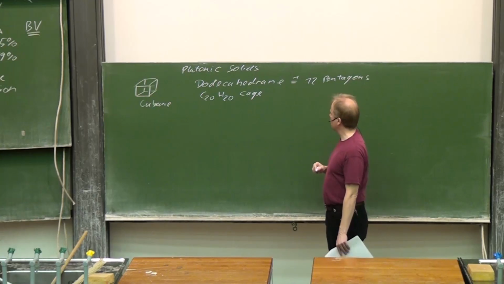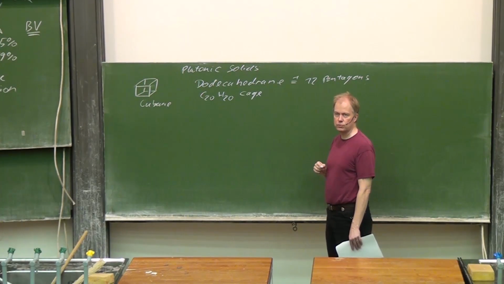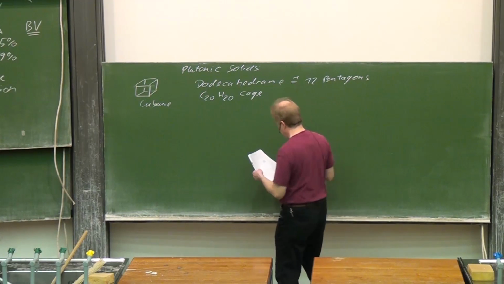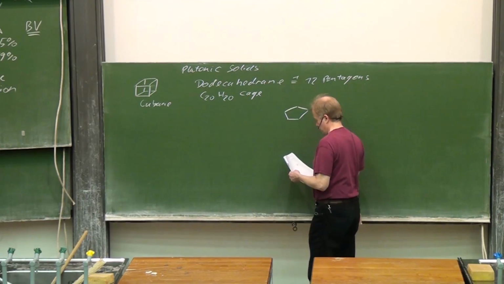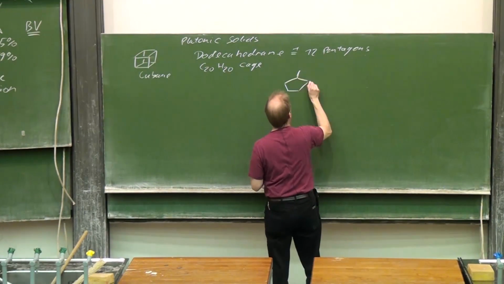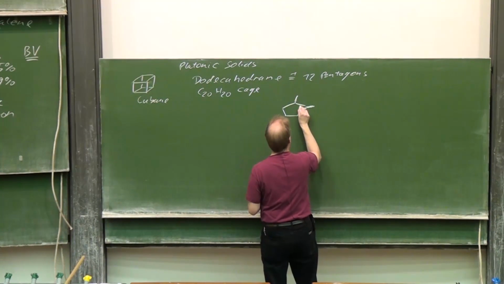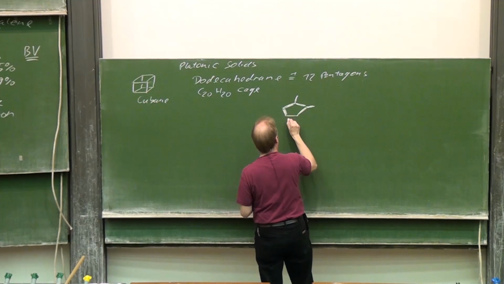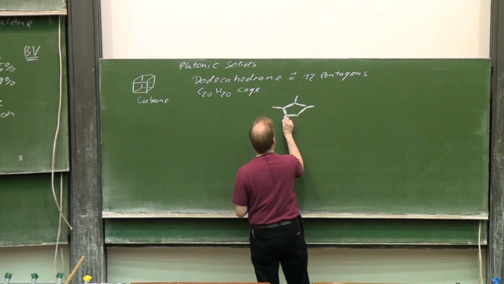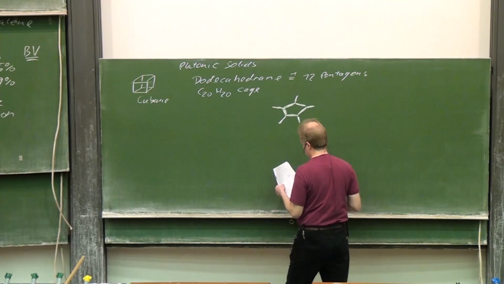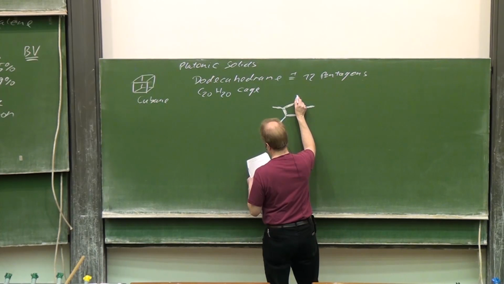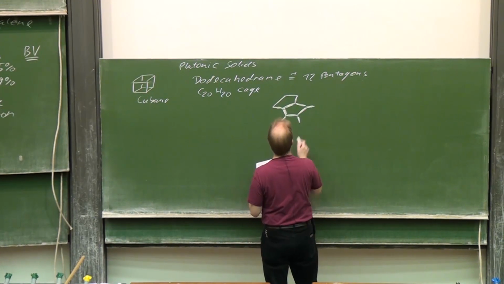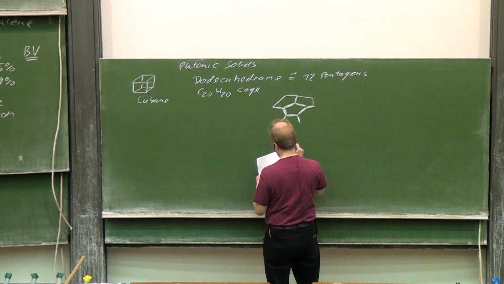So, and of course, now the complicated part for drawing these structures begins. We will try that. So first pentagon. Here the second one, third one.